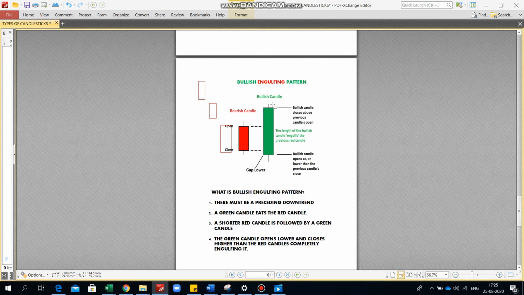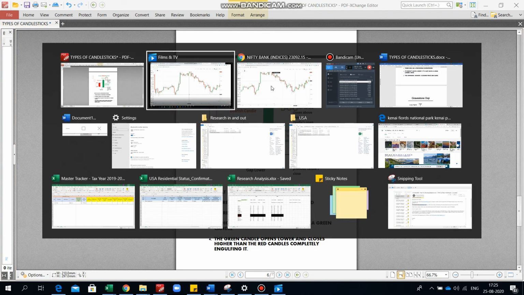And after this green candle, the next candle which is forming is closing above this. Then you can take the entry right there, and you can achieve a target based on the risk. If you're taking a risk of 1 rupee, you can expect a profit of 1 or 1.5 rupees depending on the market condition. So I'll show you this.